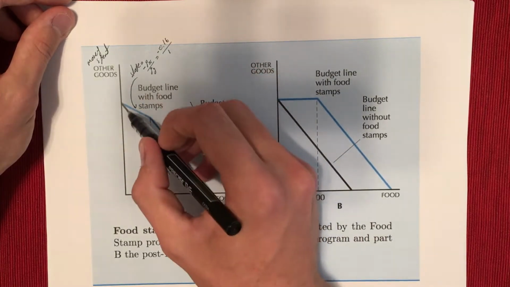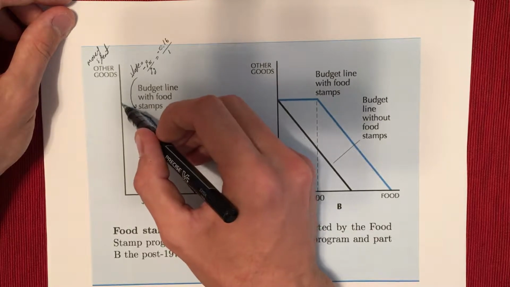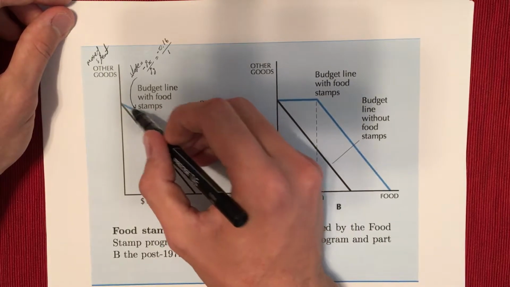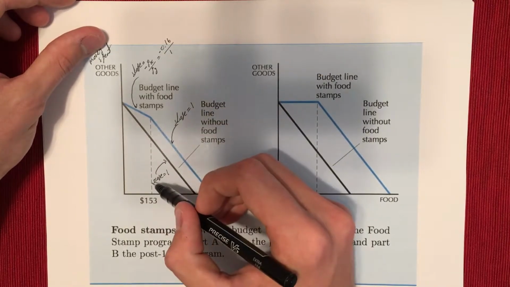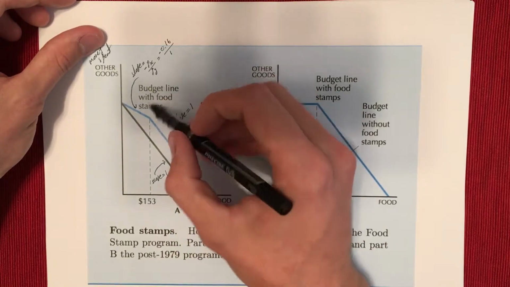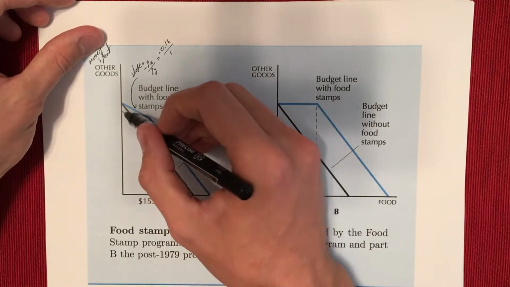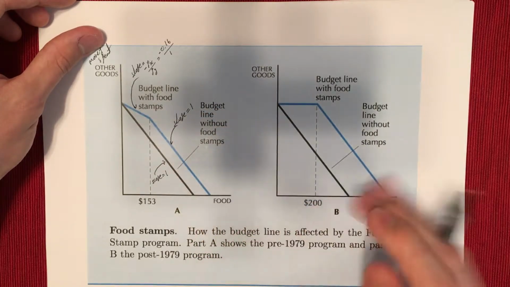So this means that we are decreasing our slope of 1 by 84%, which gets us a slope of negative 0.16 in this region, until we reach a threshold of $153, at which point we aren't receiving any more subsidy from the US, and our budget slope will look exactly like that of someone not enrolled in the program. And so that's what the rest of this curve looks like.